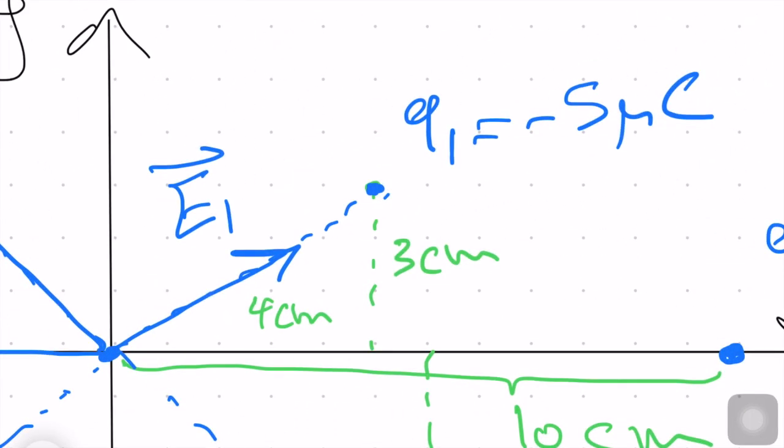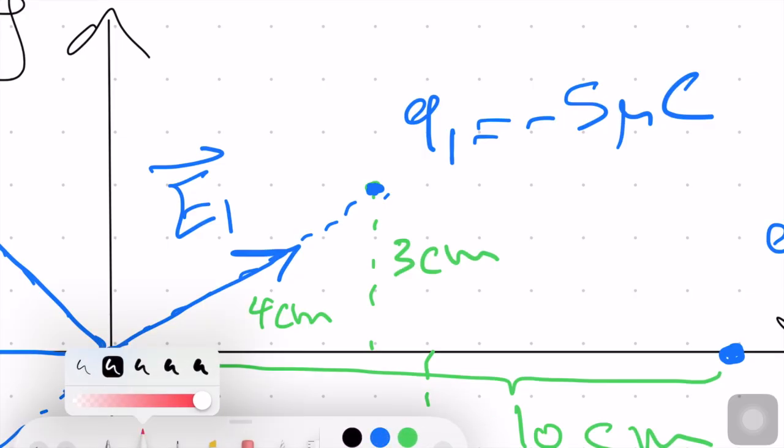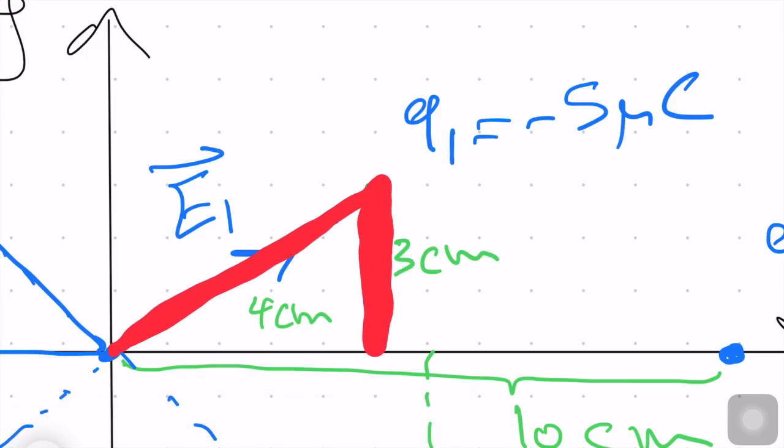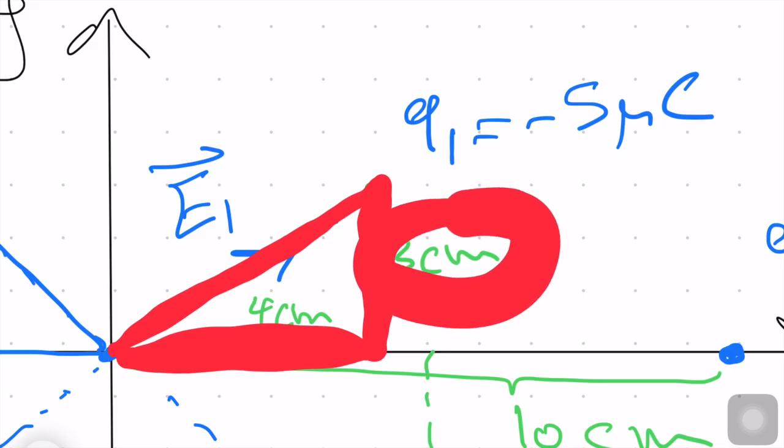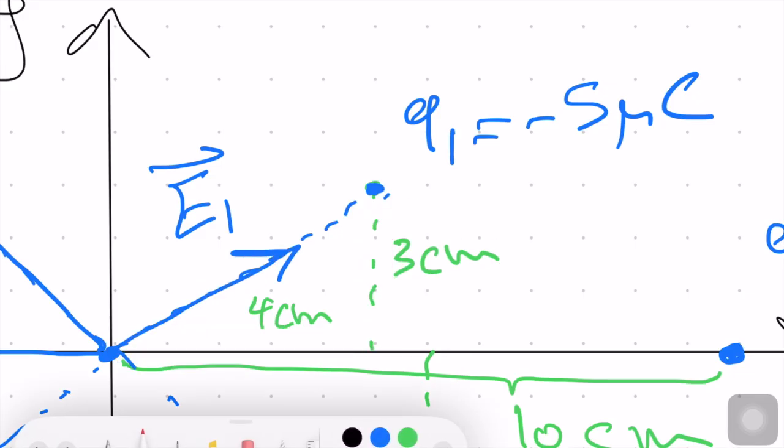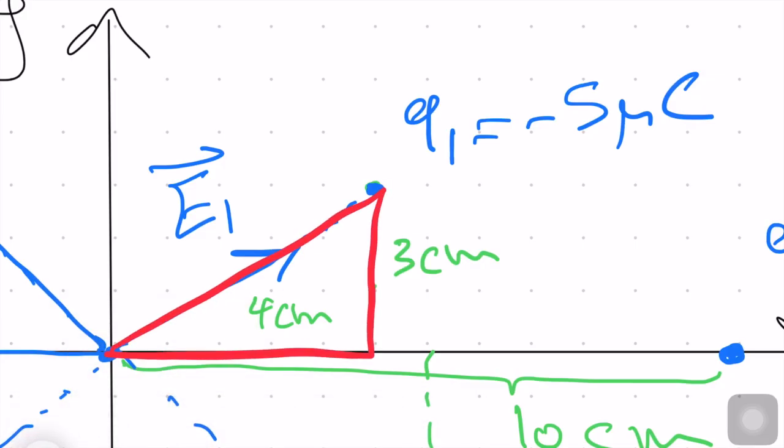Now, if you look at this triangle right here, there's a triangle here, right? This side is 3. The other side is 4, and this is 90 degrees.